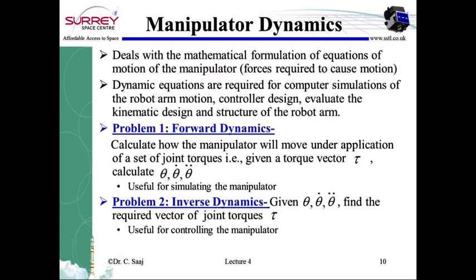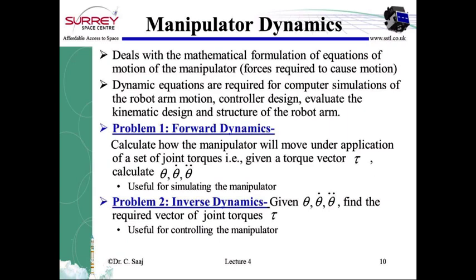Let's move on to the dynamical modeling of a robotic manipulator. Dynamical modeling deals with the mathematical formulation of various equations of motion of the arm.